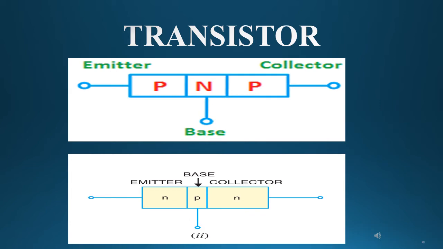On one side there is another semiconductor. If base is n-type, then it will be p-type, and we give it the name emitter because it emits the charges. And on the other side there is also a p-type, we call it collector. This will collect all the charges sent by emitter. So these are the three parts.